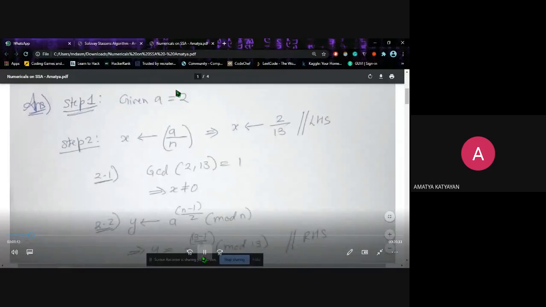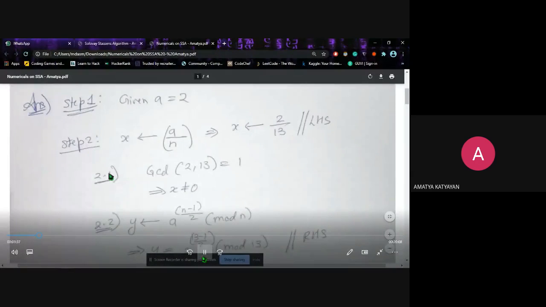In the first step, we consider the value of a if not given. Since a is already given, we write given a is equal to 2. Coming to step 2, we take the value of x as a upon n. So A is 2 and n is 13, so a upon n will be 2 upon 13.